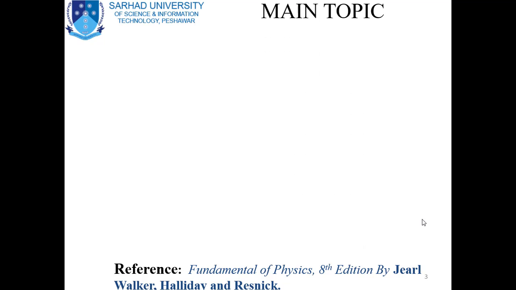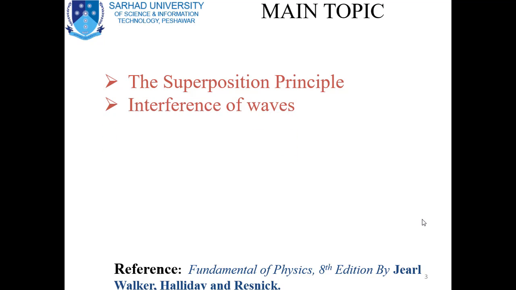Our main topics of today's lecture are the superposition principle. We will discuss this tool for two or more waves, and then the effect of the superposition principle, which is the interference of waves.